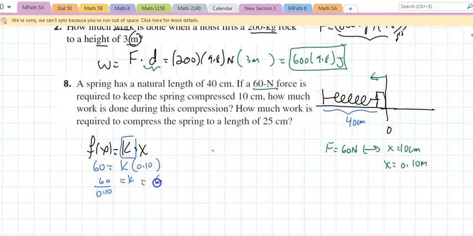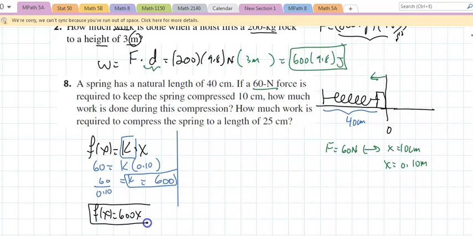That is actually 600. Now, you could write newtons per meter, but I'm going to be picky about the units at the end of the problem, not as you carry the problem. So now I know that the force for the system is actually f of x equals 600x. There it is.